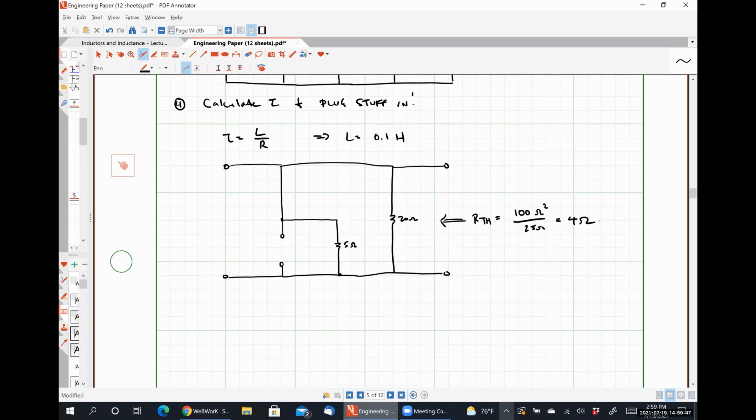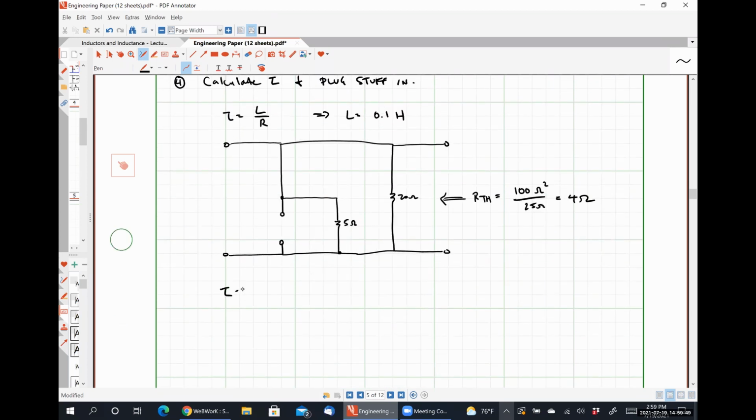So our time constant tau is 0.1 over 4, or 25 milliseconds.